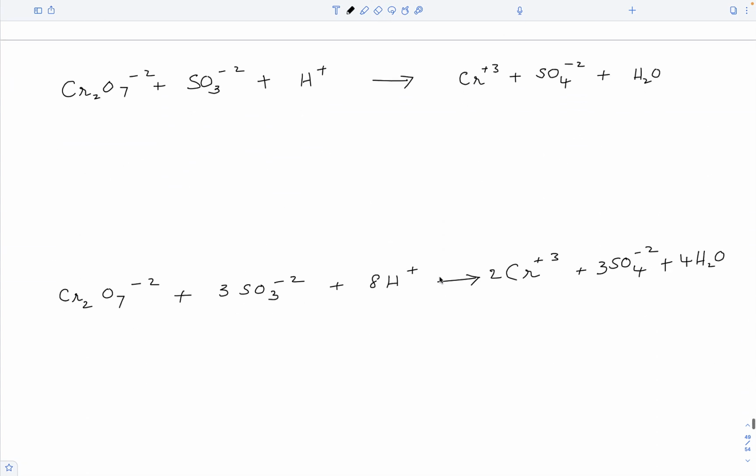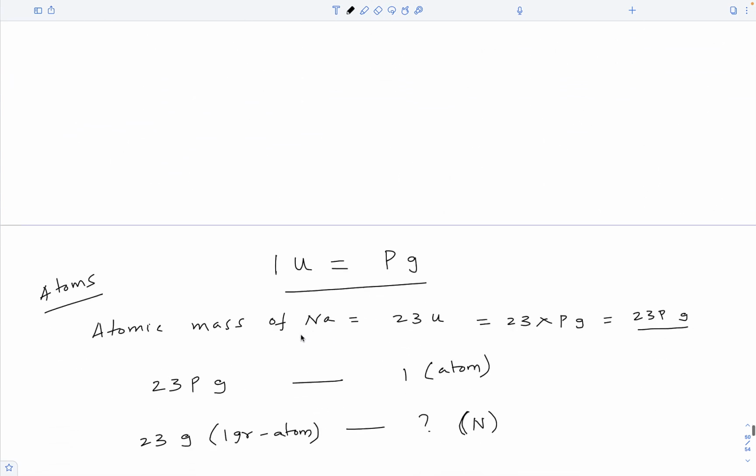Now let us say 1 U, that is 1 unified atomic mass unit, or 1/12 of the mass of an atom of C12 isotope is equal to P grams, where P is the conversion factor between unified atomic mass unit and gram. And I don't know the numerical value of P just yet.